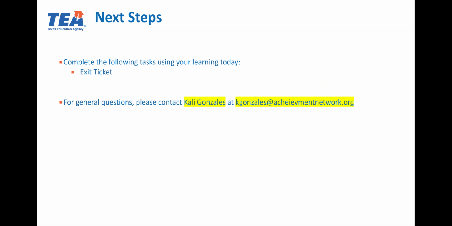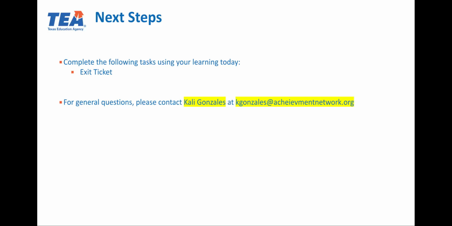Now your next steps. From today's HQIM Deep Dive Session 1, you are going to complete the exit ticket that is linked into the specific PD Bloom dashboard. Please make sure that you type your name, your first and last name, and connect it to Bloom.